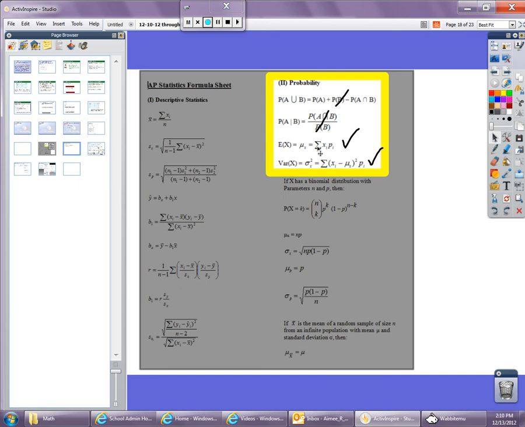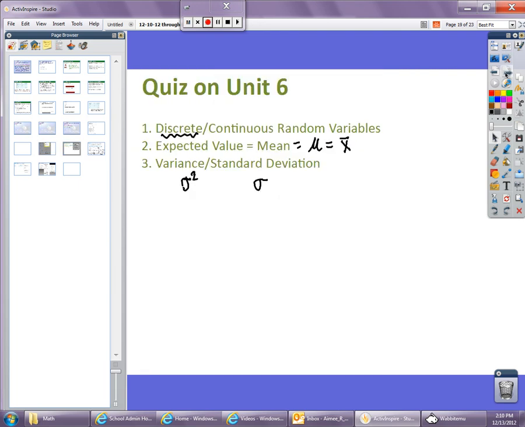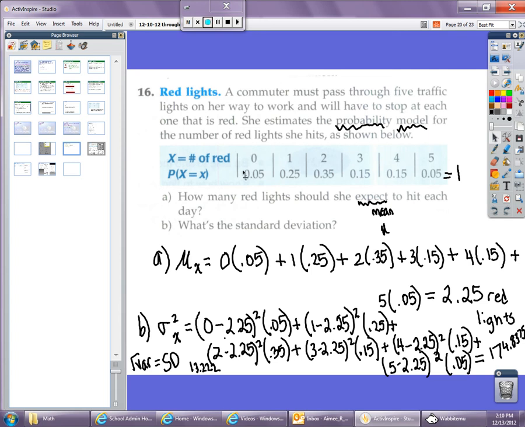You find that by taking the sum of the x times the probability, plus the x times the probability, and so forth. So mu sub x is 0 times the probability, plus 1 times the probability, plus 2 times the probability, etc., up until you get to 5 times its probability, so you get an average of about 2.25 red lights.